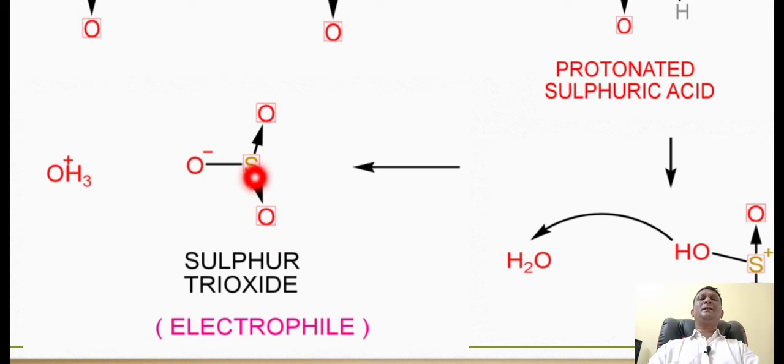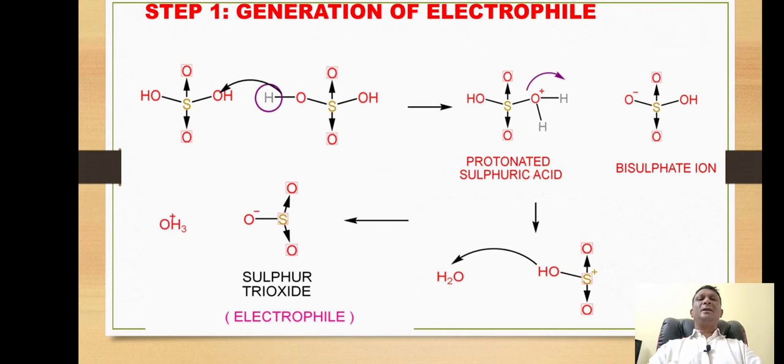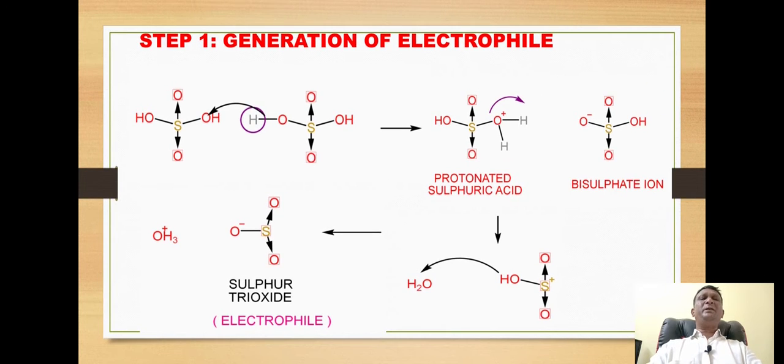So in total, the sulfur is surrounded by 6 electrons only. To complete the octet, SO3 requires a pair of electrons. So the sulfur trioxide molecule acts as the electrophile, that is the species which is deficient in a pair of electrons to complete its octet.